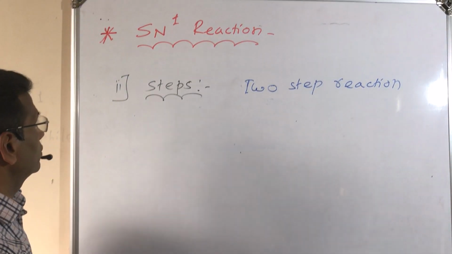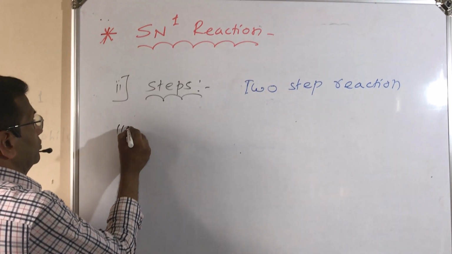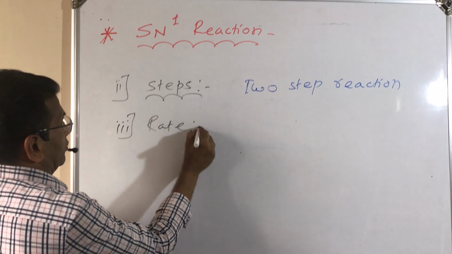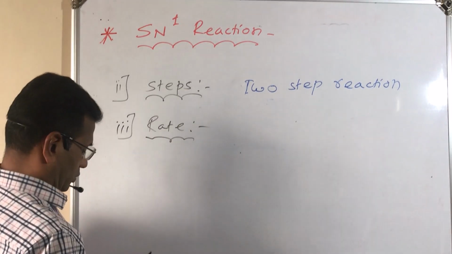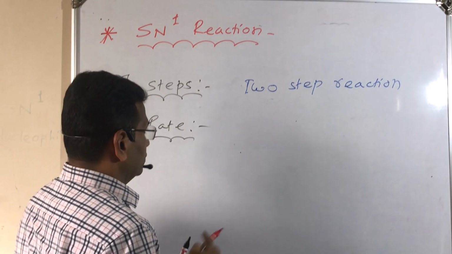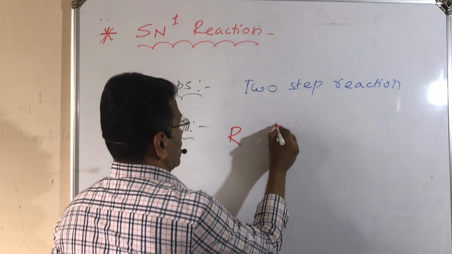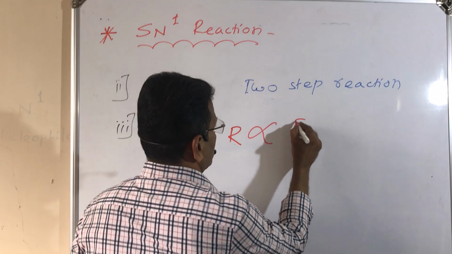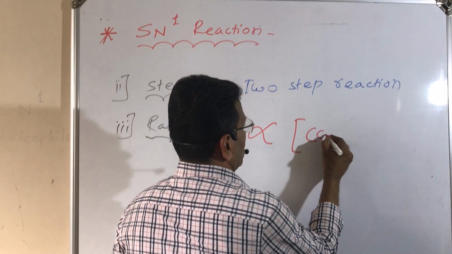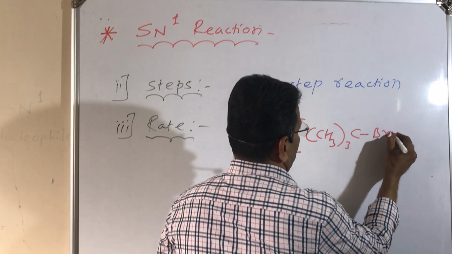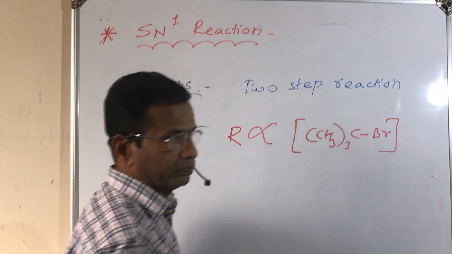The third point is rate. The rate of the SN1 reaction is directly proportional to the concentration of tert-butyl bromide. You know, tert-butyl bromide is a tertiary alkyl halide.